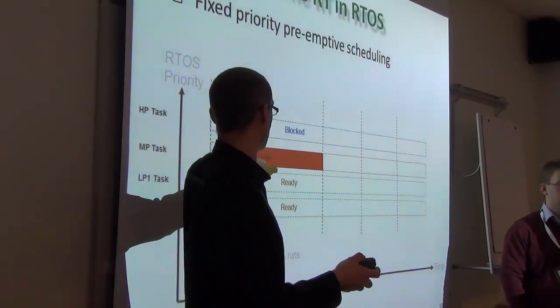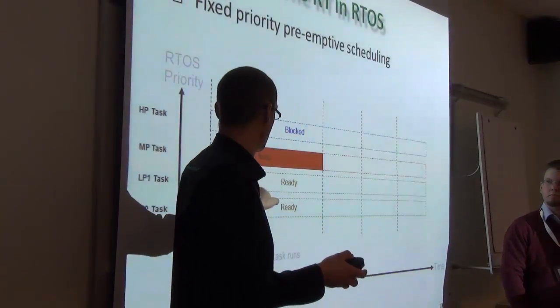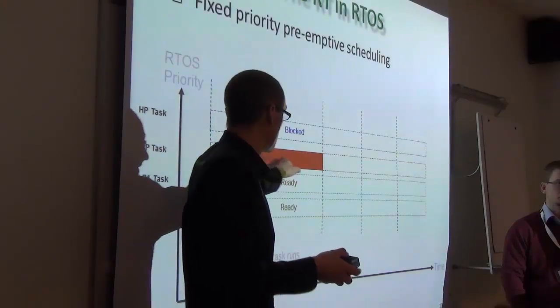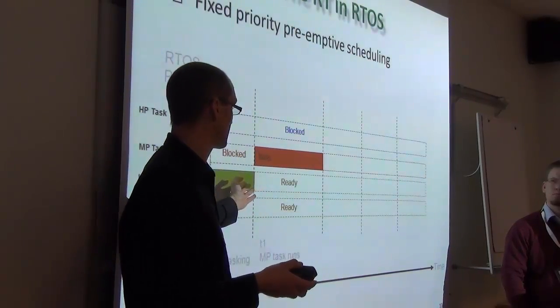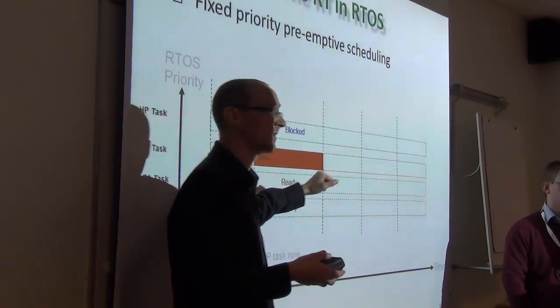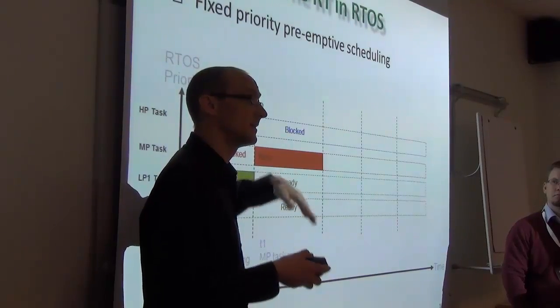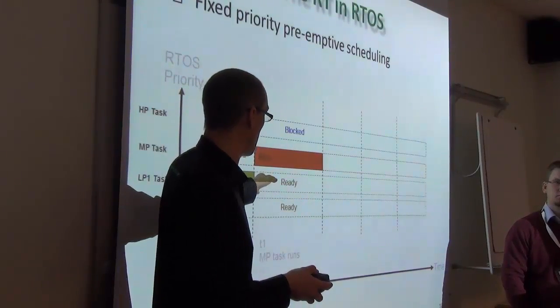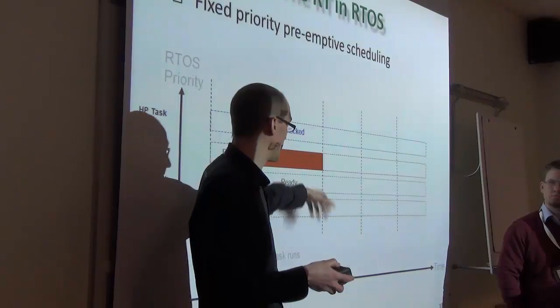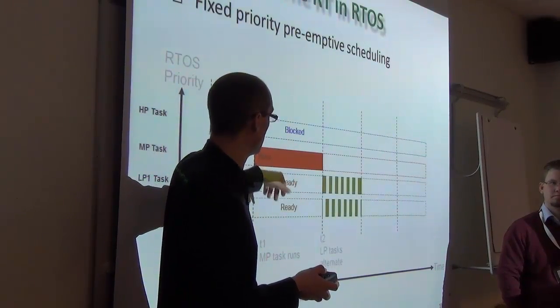When that unblocks, whatever it's waiting for has happened, the scheduler will start running that task immediately. And this task here, although it's still ready to run, it's not waiting for anything, is what we call preempted. The application writer doesn't know anything about that. It's just writing a sequential piece of code. That task runs, it has a higher priority.